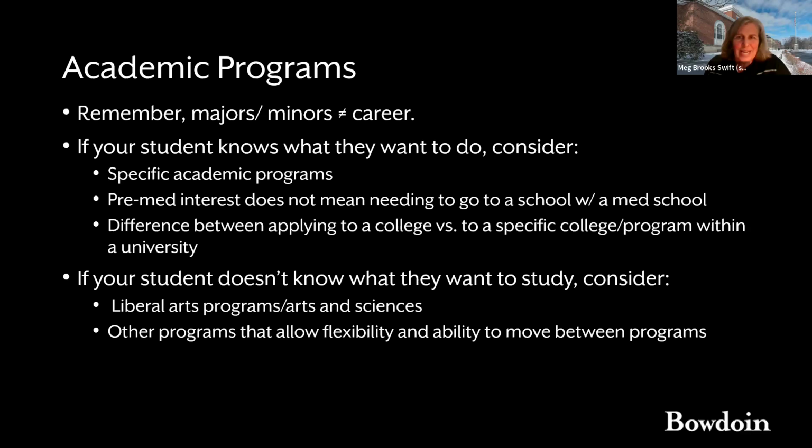But many 17 or 18-year-olds have no idea what they want to study in college, let alone what they want to do professionally. And that's okay. There is plenty of time to figure those questions out. They may just want to focus more on schools that allow flexibility and the opportunity to try different academic areas over the course of the 4 years.